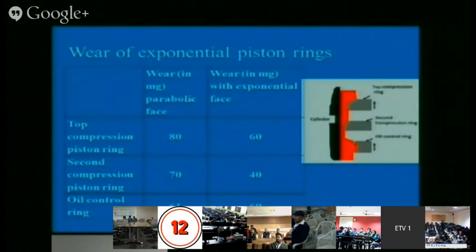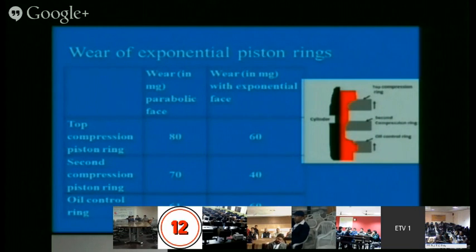See, with the conventional profile available in the market, in a 40-hour run, 80 milligram wear was there. And when this profile is modified, then for the same hours, 60 milligram wear was there. And because of this profile modification, wear of the other rings also reduced in comparison to the conventional one.